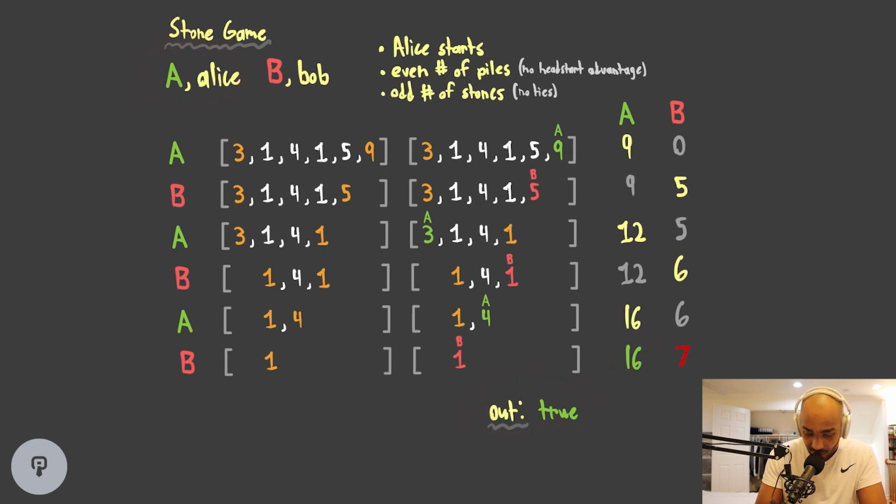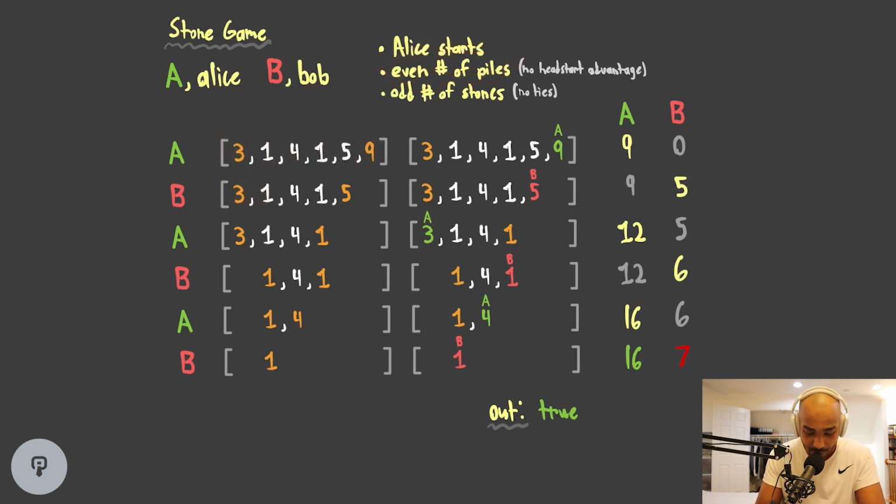So Alice starts. We're going to have these piles of stones. You can choose from the left or the right side. There's an even number of piles, so Alice does not get a head start advantage by going first. If there was an odd number of piles, Alice could take this, Bob takes this, and then Alice takes this, and she gets 2 piles while Bob gets 1. But no, it's going to be an even number of piles.